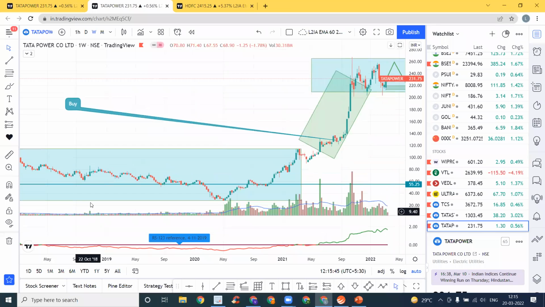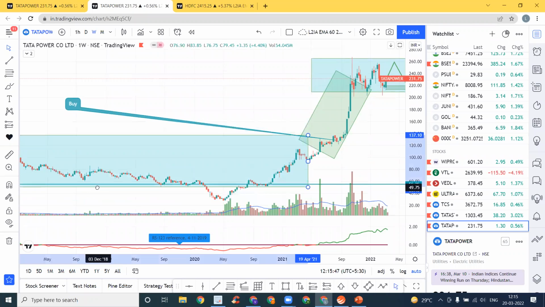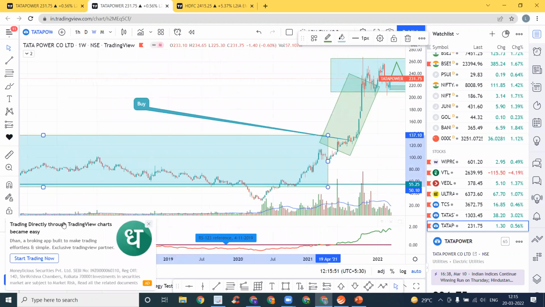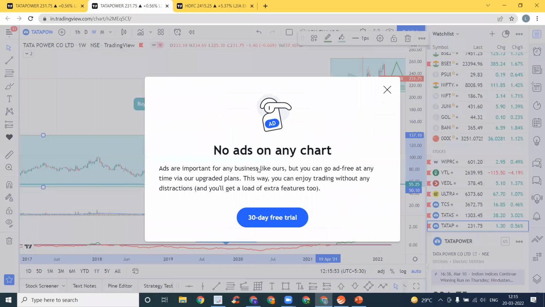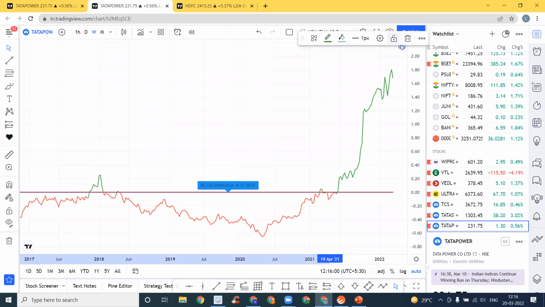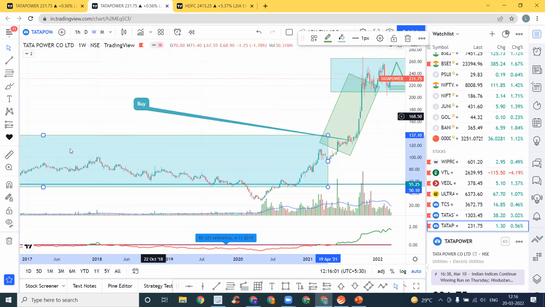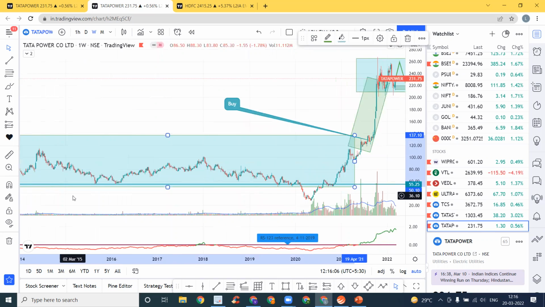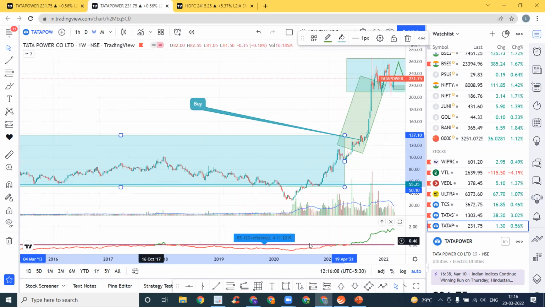I'm not able to see that indicator. So here is the indicator at this point of time.